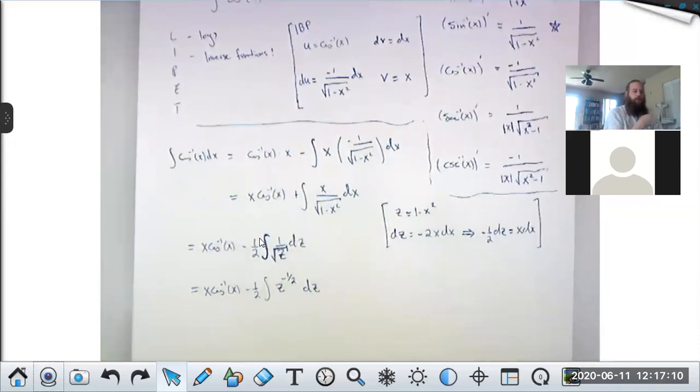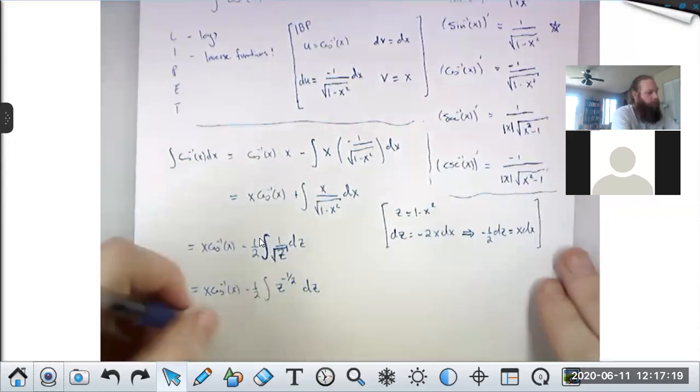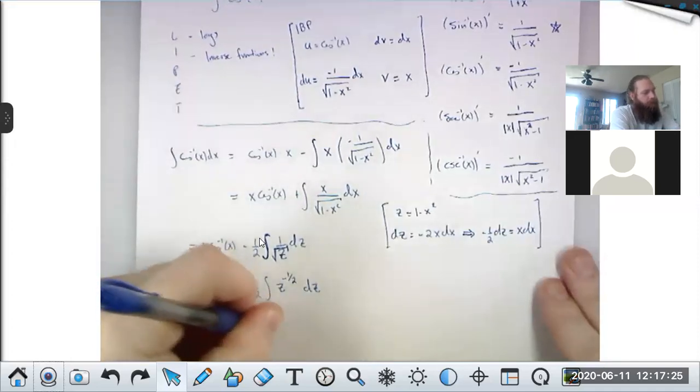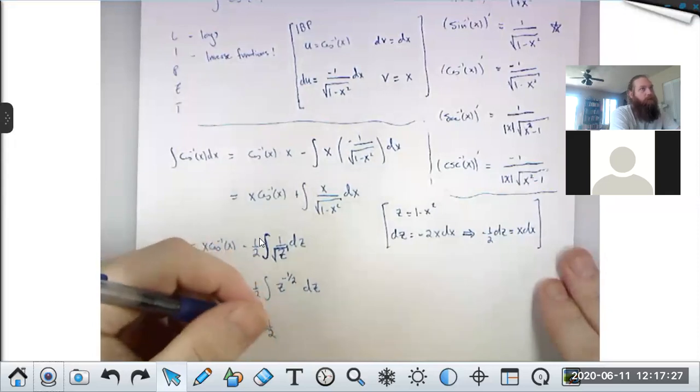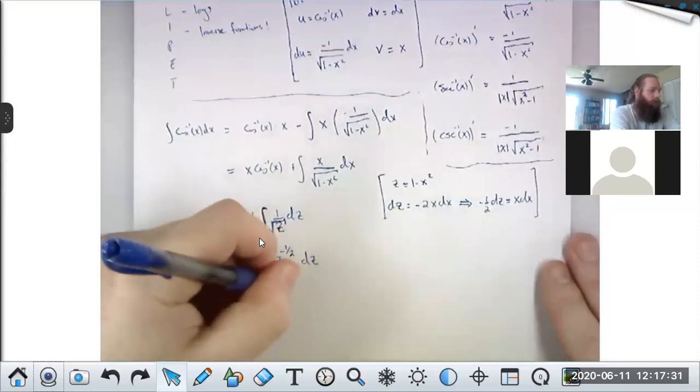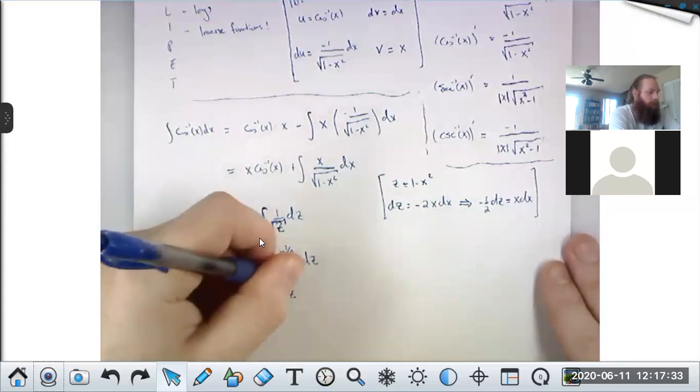And then that turns into z to the 1/2 divided by 1/2, or 2 times, is it square root of 2z? It's 2 times the square root of z, but the way you said works great, and there's nothing wrong with doing that.